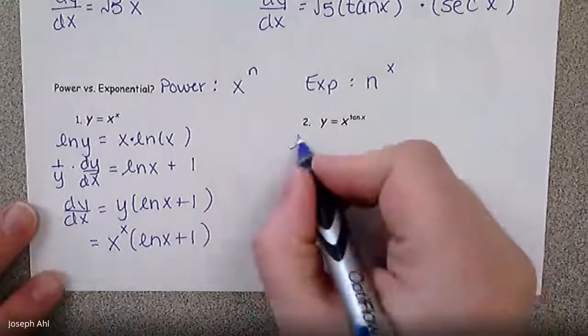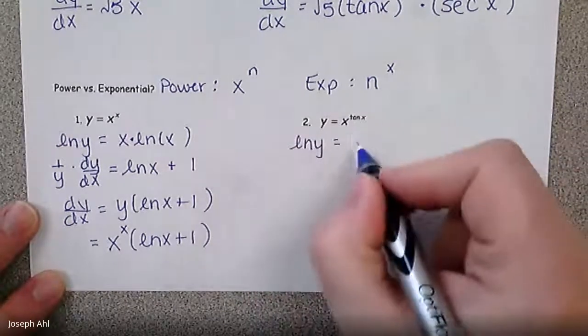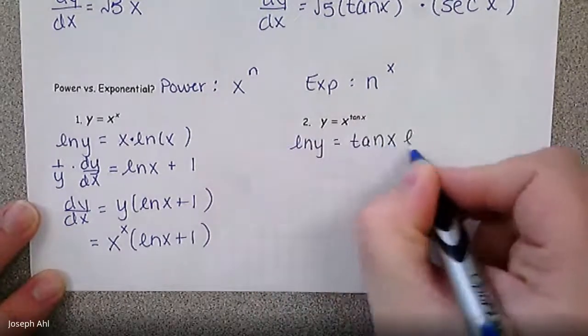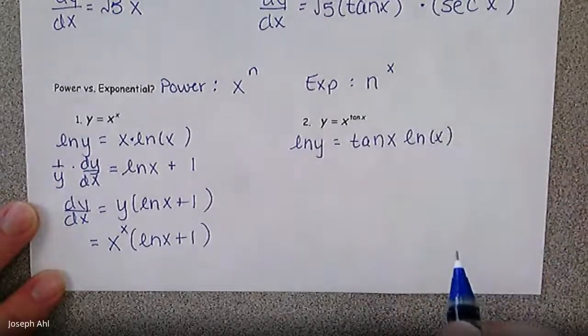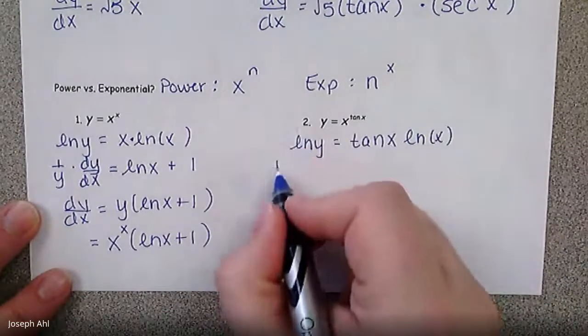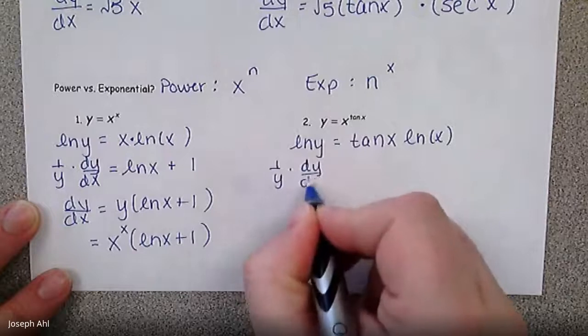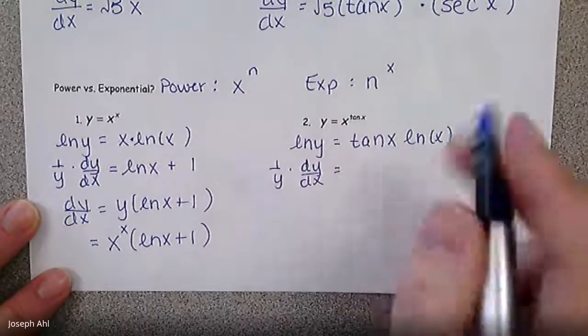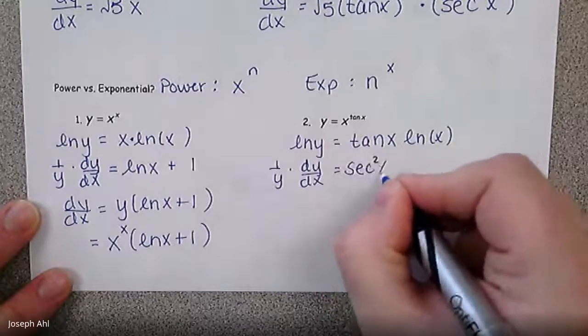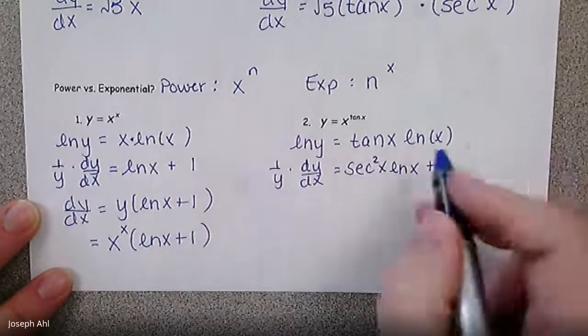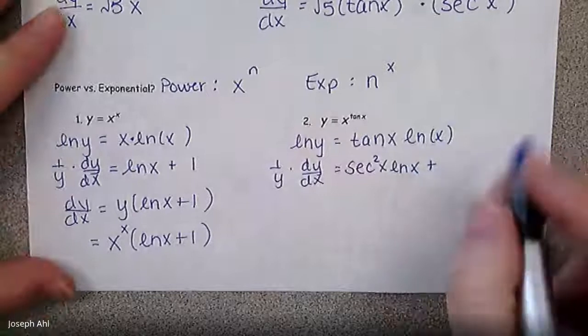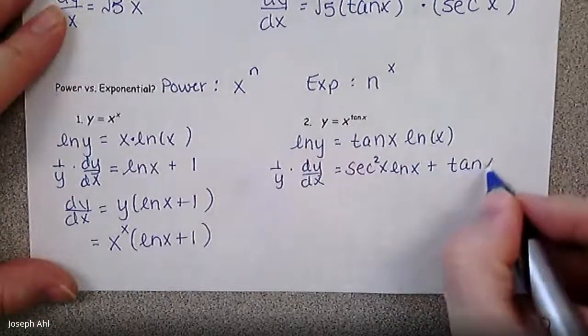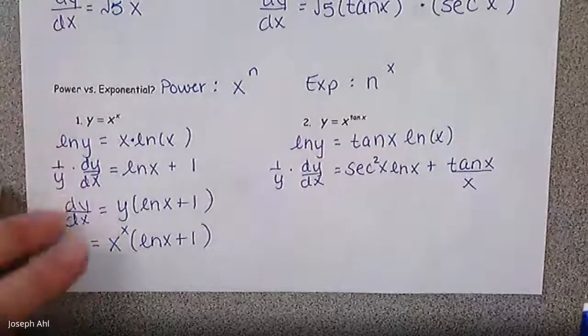So take the natural log of both sides, bring that exponent of tan x down in front of ln x. All right, derivative of both sides, 1 over y dy dx equals, again, product rule on this side. The derivative of tan is secant squared, so it's sec squared x ln x, plus the derivative of ln x, which is 1 over x times tan, so that's tan x over x.